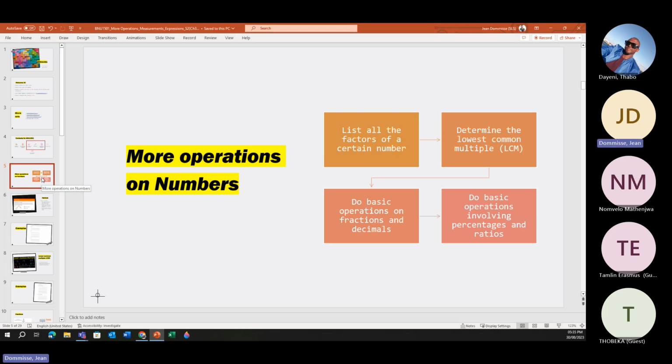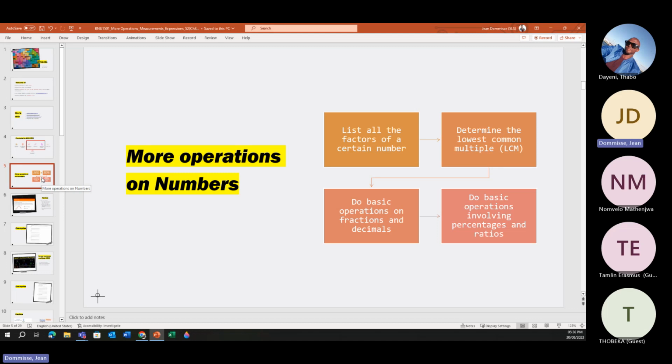Then we're going to look at the lowest common multiple, because when we need to simplify, we need to look for the lowest common multiple. Then we do some basic operations with fractions and with decimals.